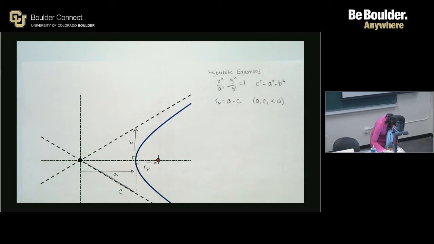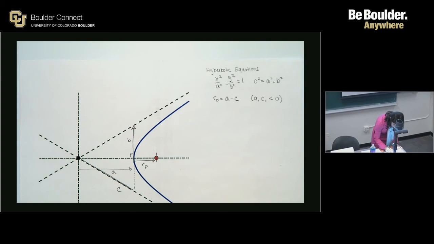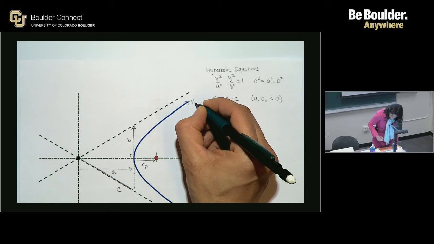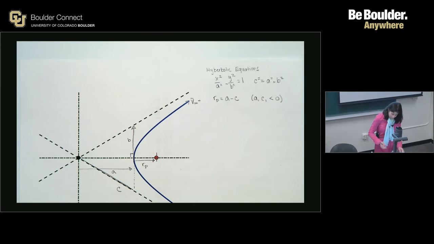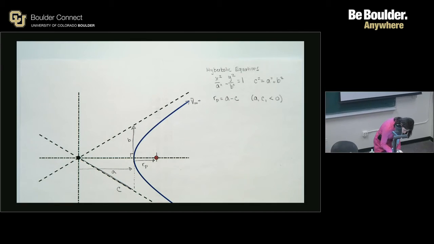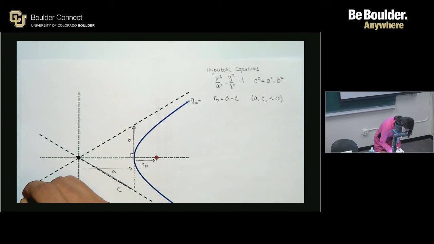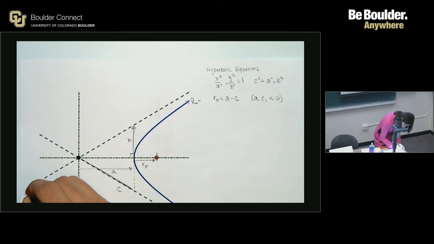So let's define it this way, where we've got our incoming v infinity vector and our outgoing v infinity vector. Now we're going to start looking at the turn angles. Obviously, these dashed lines are the asymptotes of the hyperbola.